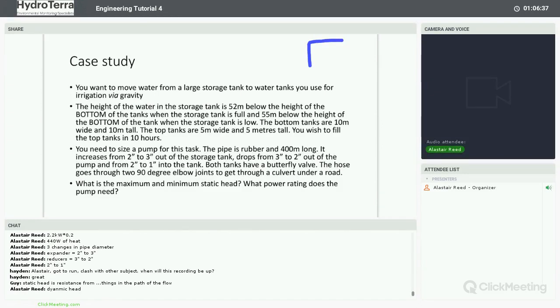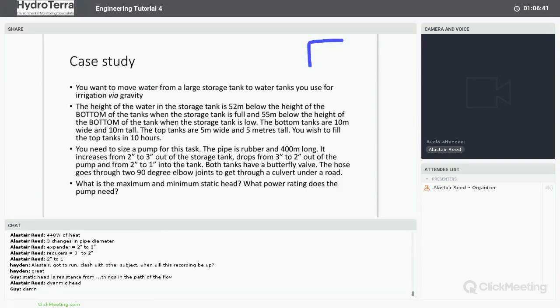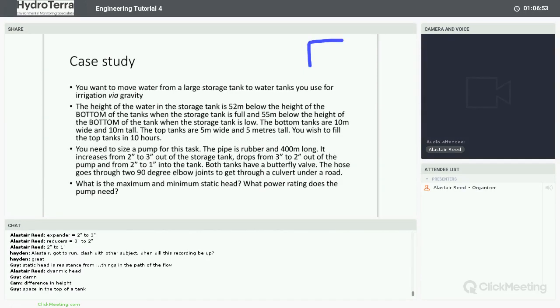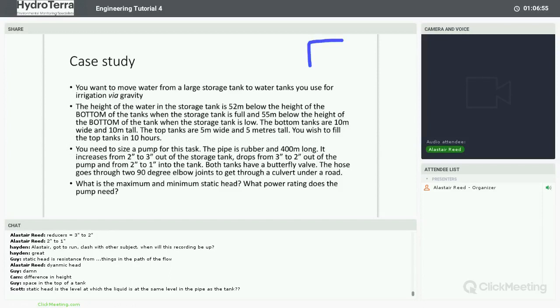No, that's dynamic head. Yeah, you're right, Cam. Static heads are really simple.